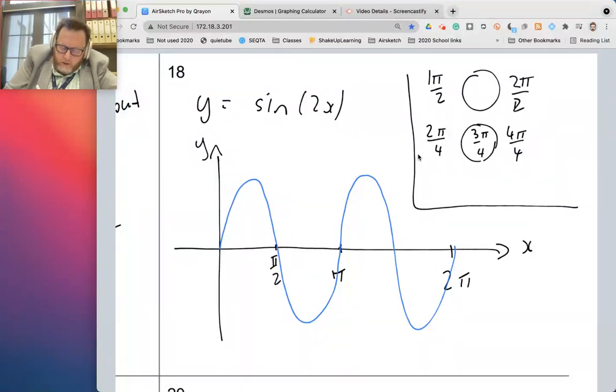So here is 3 pi on 4. If you ignore the pi, you should have enough fraction knowledge to understand that. Between a half and 1 is 3/4. Similarly here, we're going to have 1/4 or pi on 4. So there's the first bit done.